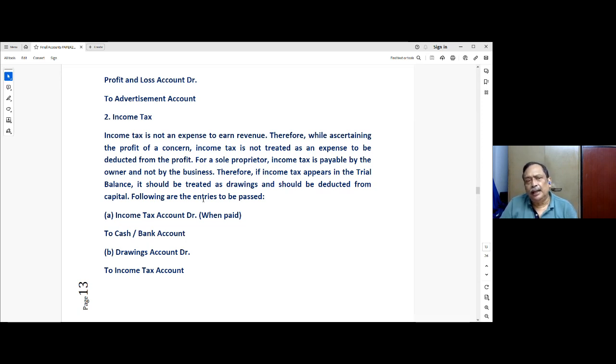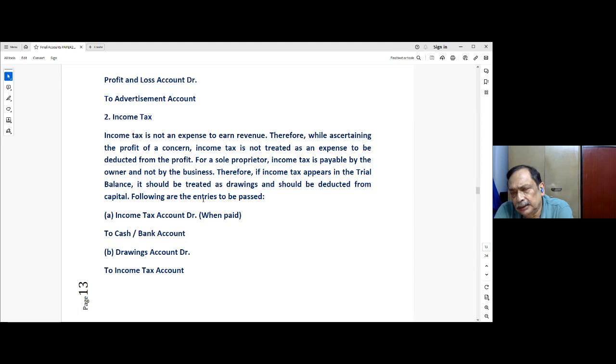If you are having an income and if it exceeds certain limit, I'm talking about individuals having businesses, then there will be an income tax. So income tax is not an expense to earn revenue. Therefore, while ascertaining the profit of a concern, income tax is not treated as an expense to be deducted from the profit.